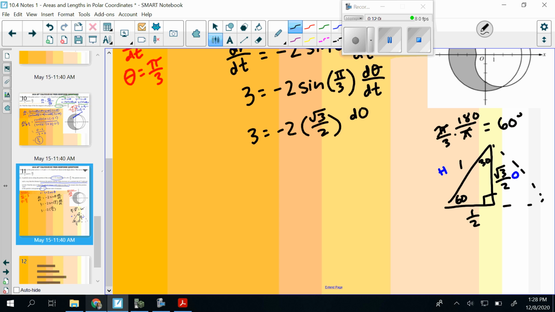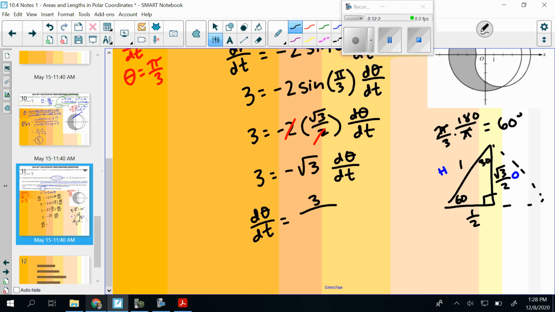We want to keep solving this now. These 2's should cancel here. So now we get this. And if we divide, d theta/dt here would be equal to 3 divided by negative square root of 3.